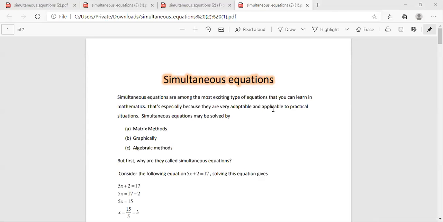Elimination method and substitution. Good. So that will come under algebraic methods. And when we learn matrices, we learn a method in matrices, and then we'll see how best we can do it on a graph in the future.